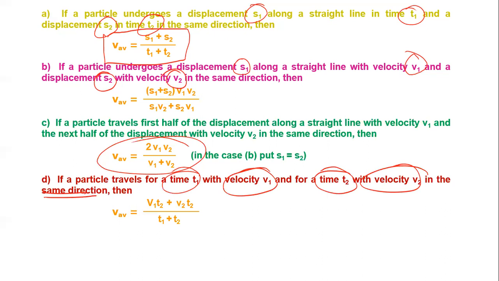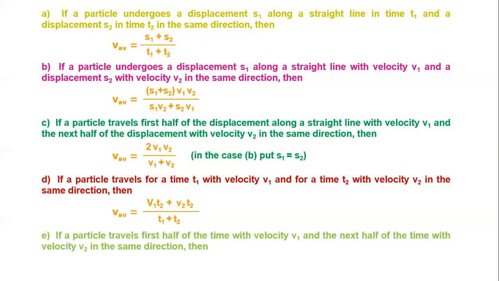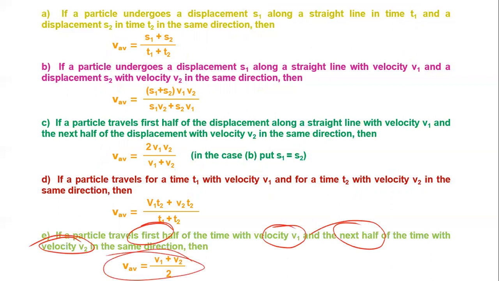Here we are considering the same direction everywhere. One more case: if a particle travels the first half of the time with velocity v1 and the next half of the time with velocity v2 in the same direction, then the average velocity is (v1 plus v2) divided by 2.